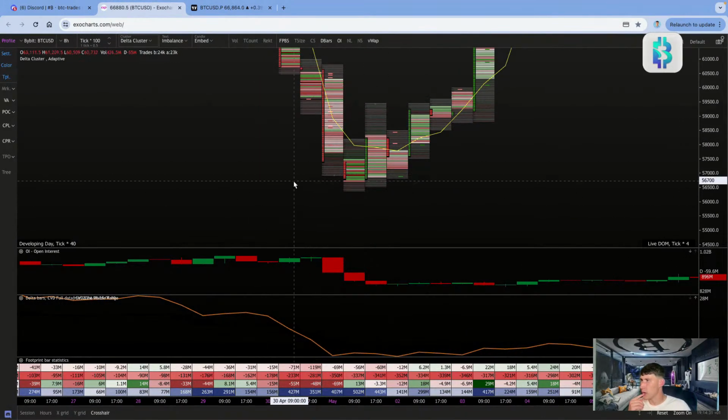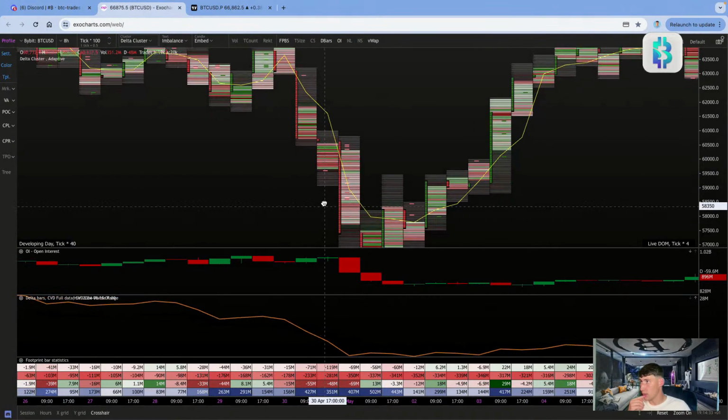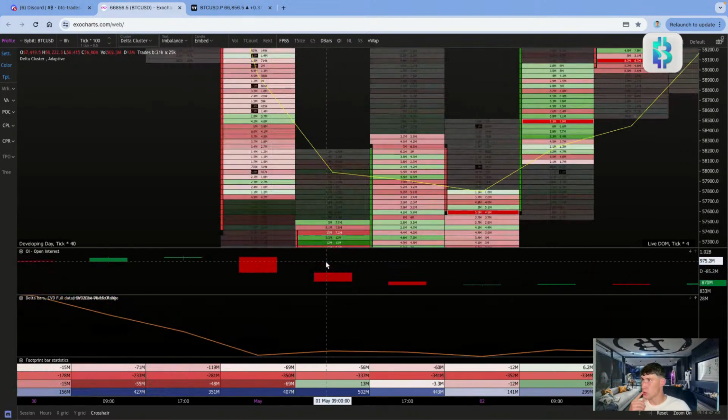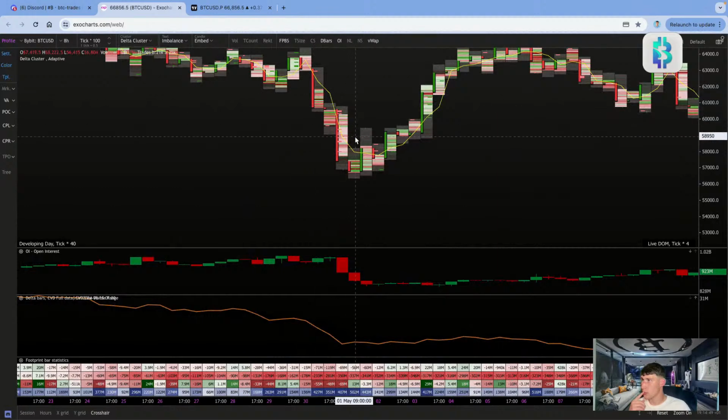We had 55 million shorts opening up here, and then 48 million shorts opening up here. This was a lot of shorts taking profit. But initially we had 55 million new short trades coming up there.